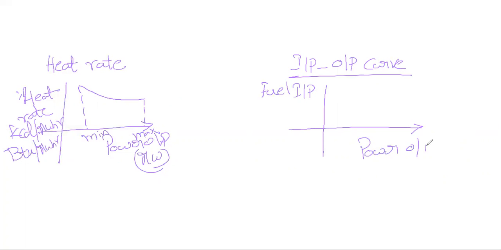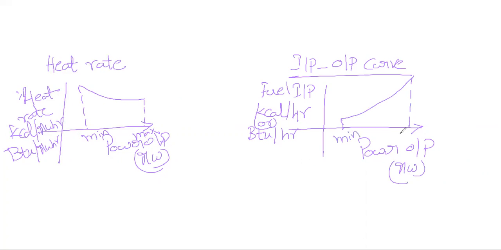The fuel input is expressed in kilocalorie per hour or British thermal unit per hour. The power output is expressed in megawatt. This input output curve is concave upwards. It also has a minimum limit and a maximum limit.